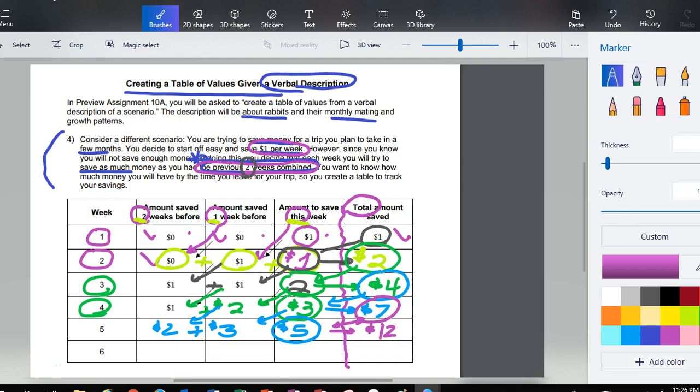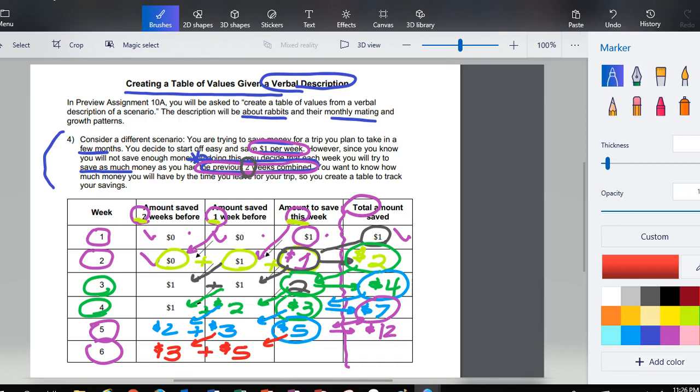If you're needing to do this by yourself, make sure you are fully seeing where it is. You can replay this video. You can erase what you have and start all over, but now we're looking at week 6. And for week 6, we got one more time to do the shuffle. 1 week ago becomes 2 weeks ago. This week becomes 1 week ago.